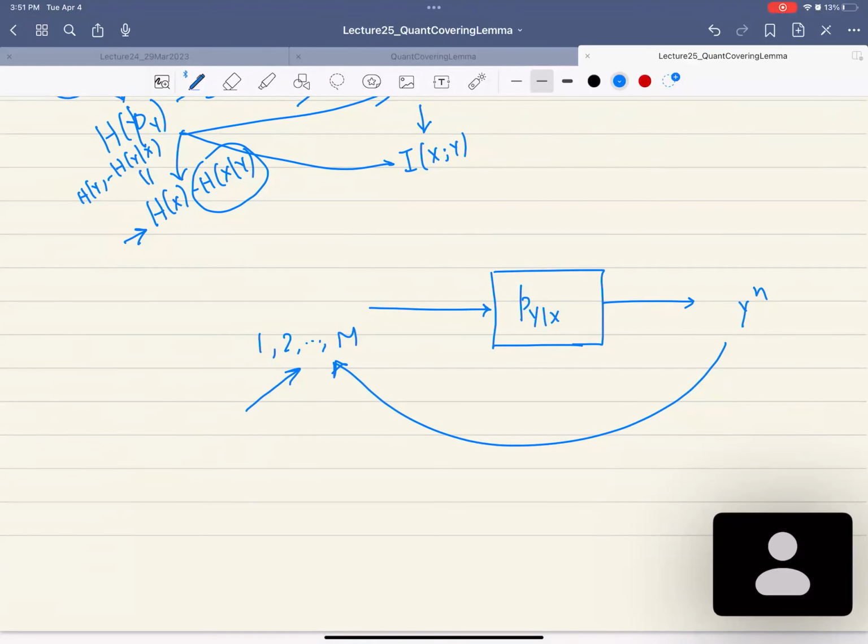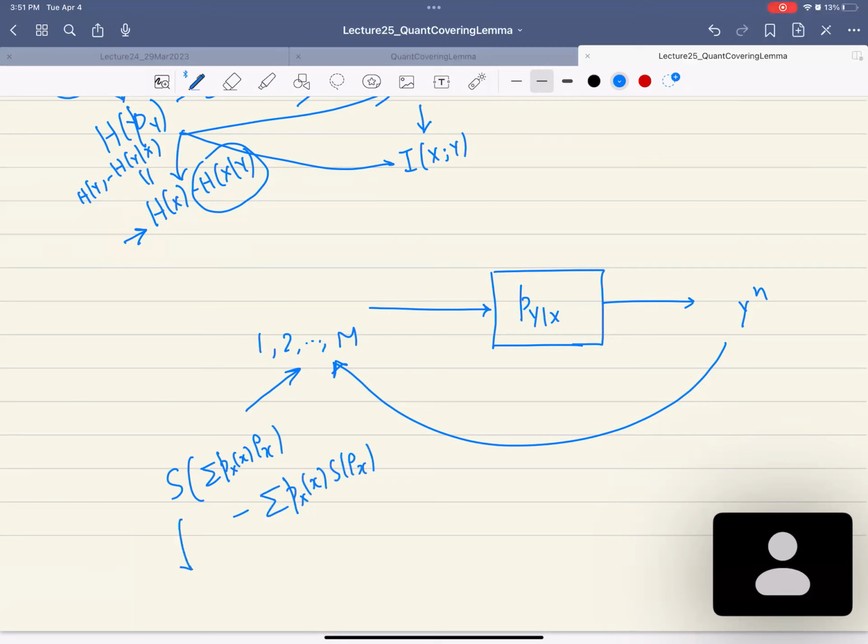Correct? And I got the answer in the quantum world as S of rho, which I can write as px of x rho x minus px of x S of rho x. This is what I got.